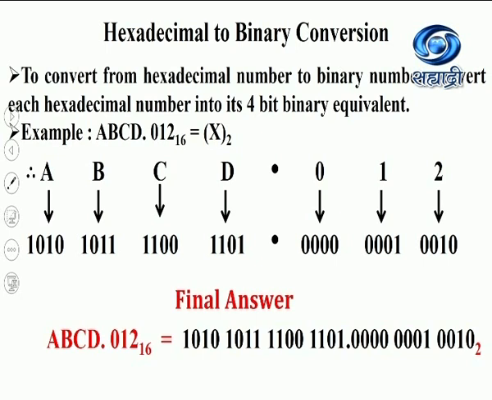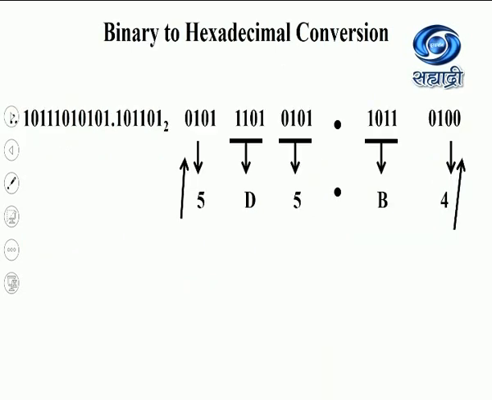When we combine the whole integer part and fractional part, we get the final answer: ABCD.012 in hexadecimal is equivalent to the binary number 1010 1011 1100 1101.0000 0001 0010.